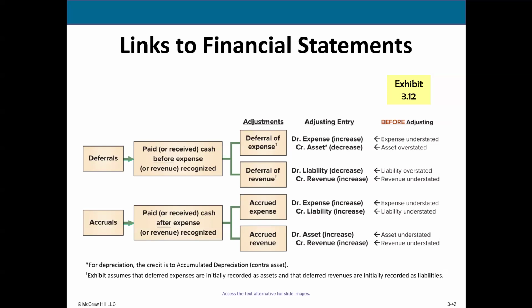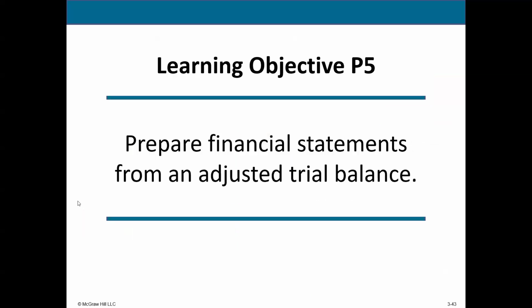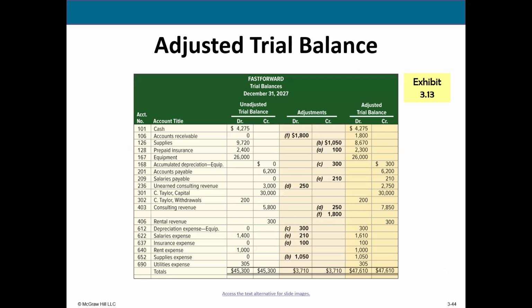Okay. So now I'd like to show you how all those adjusting entries that we made affect the financial statements. We first prepare what we call an adjusted trial balance. The adjusted trial balance stems from our unadjusted balances for all of our accounts.